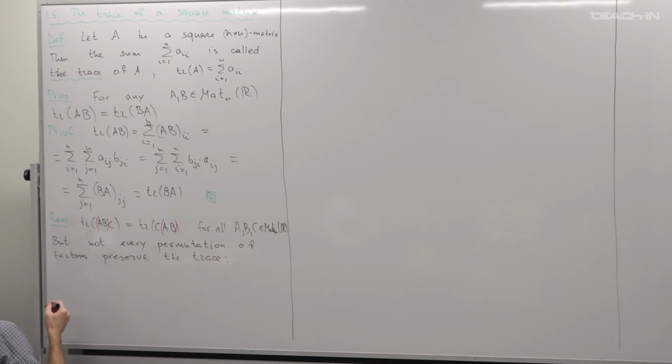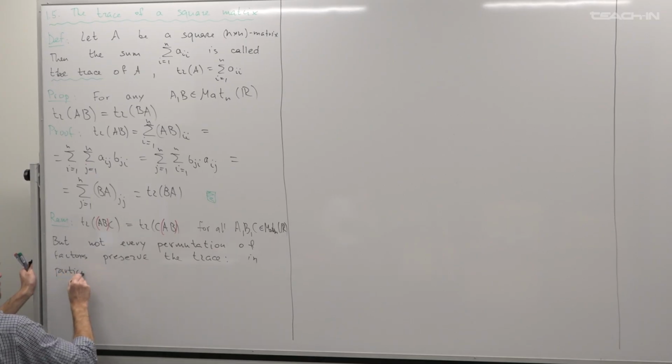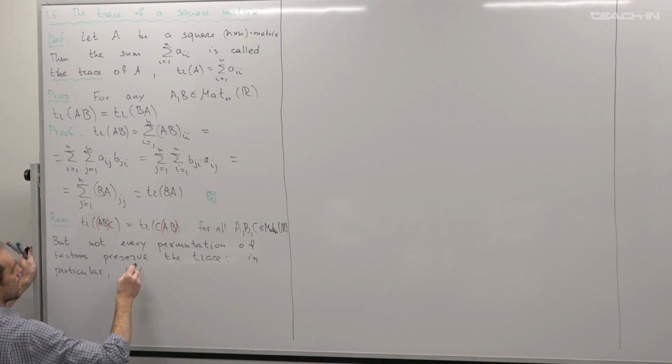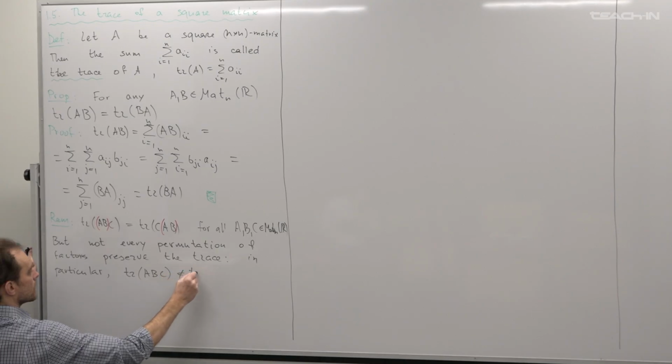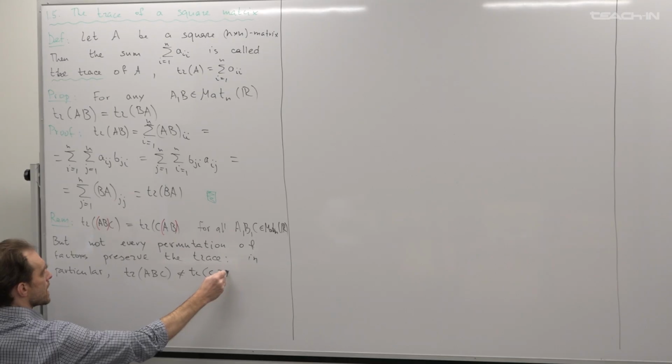Let us consider some example. In particular, the trace of ABC is not equal to the trace of CBA.